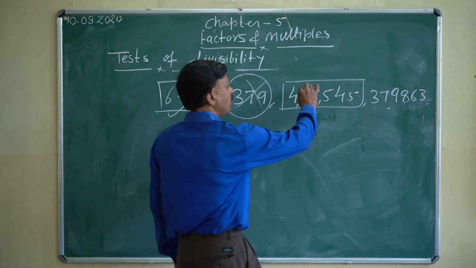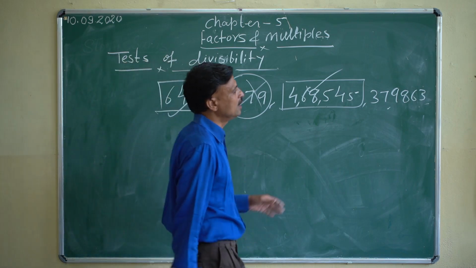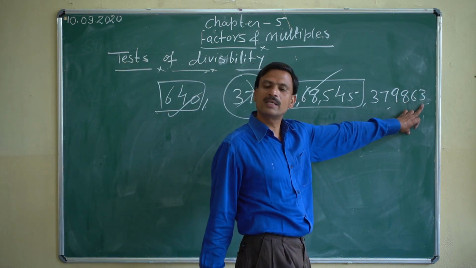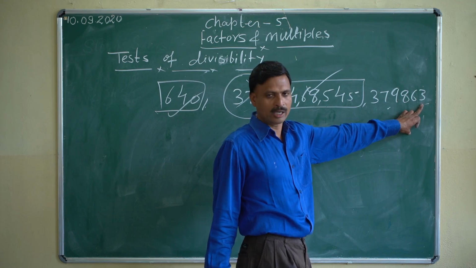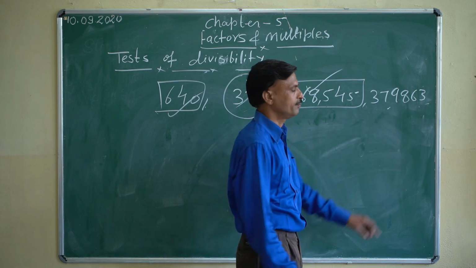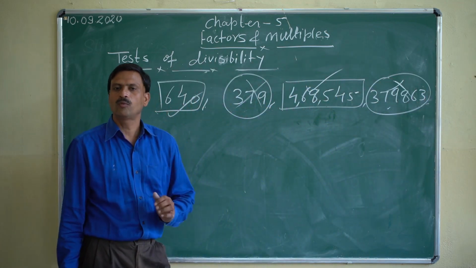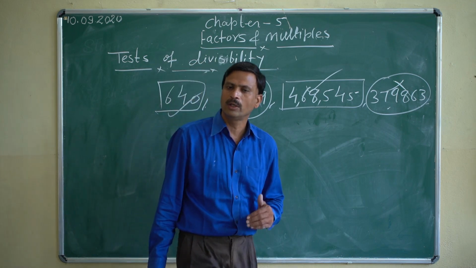Got it? Next number: the unit place digit is 3, so this number will not be divisible by 5. Got it? So this was the divisibility rule of 5.